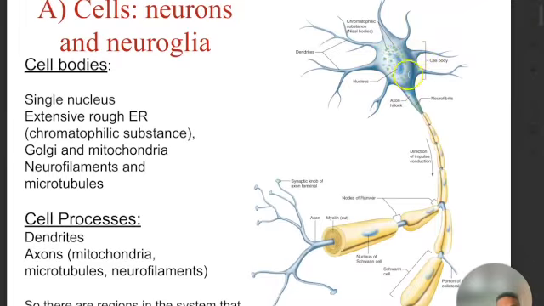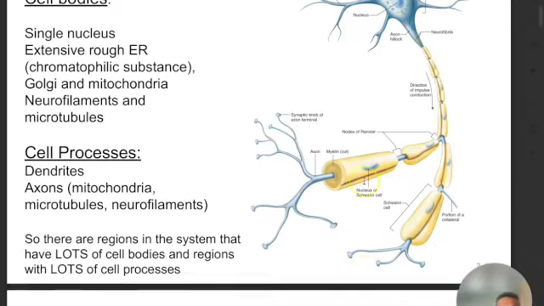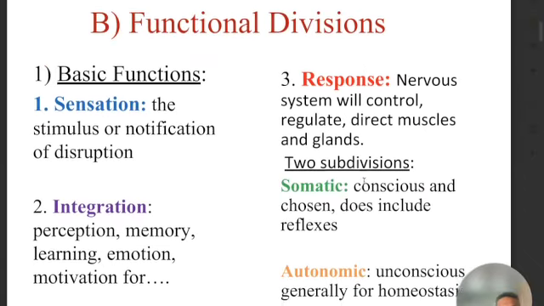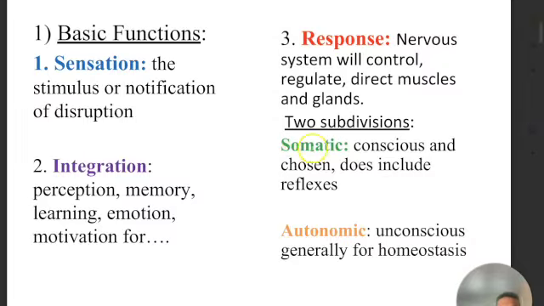Another word for the cell body is called soma. So soma stands for body. Okay. So if you remember soma, it's your body voluntarily moving. Okay. They're conscious and chosen. Okay. If you want to move, that comes from your voluntary somatic nervous system.